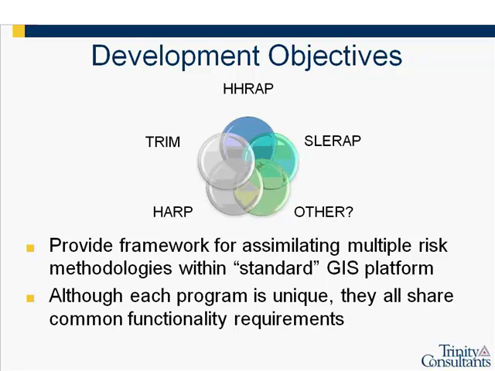Again, provide the framework for assimilating multiple risk methodologies under a standard platform. There are a lot, as I mentioned earlier, a lot of different programs out there. These are several that are here in the U.S. We have TRIM, the HRAP, SLRAP is the screening level document, HARP is another program out of California.